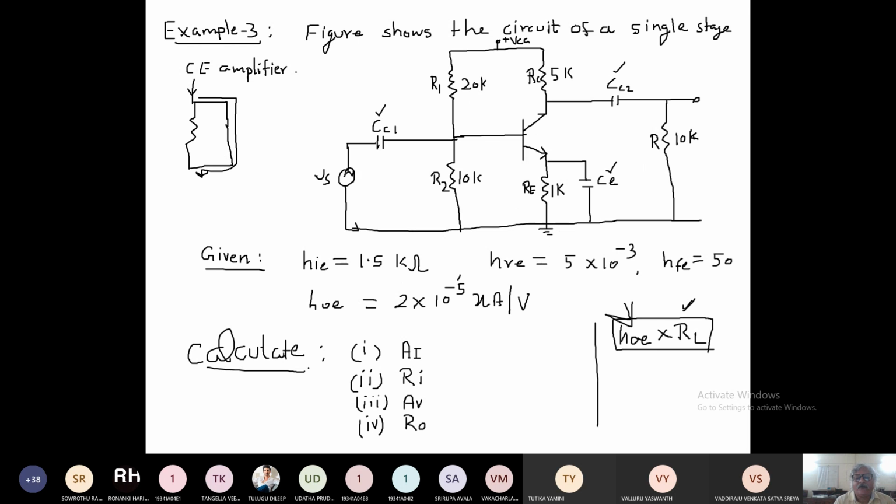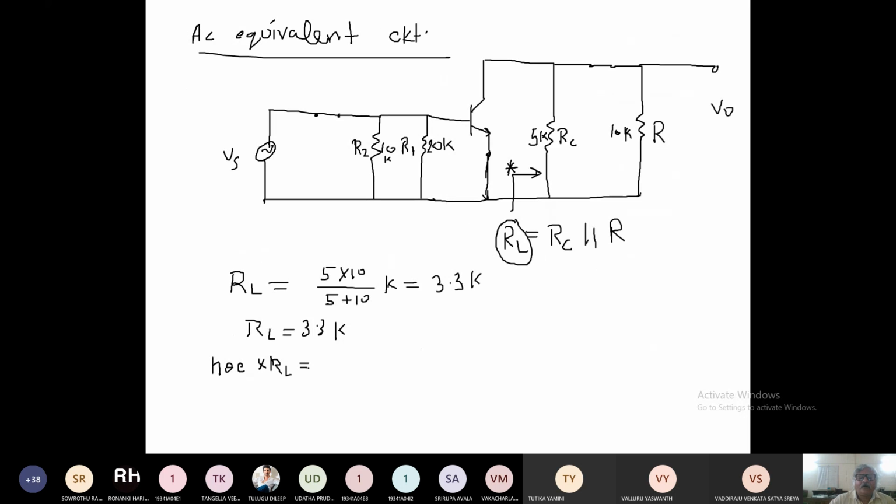So HOE is 10 into 10 raised to the power minus 5, that is 2 into 10 raised to the power minus 5 microampere per volt. We convert microampere to ampere, so it will be into 10 raised to the power minus 6, ampere per volt.